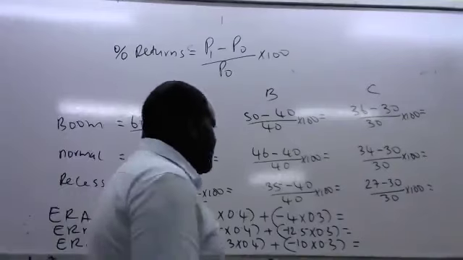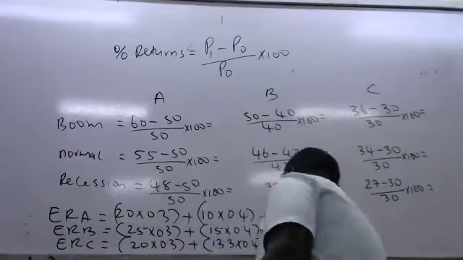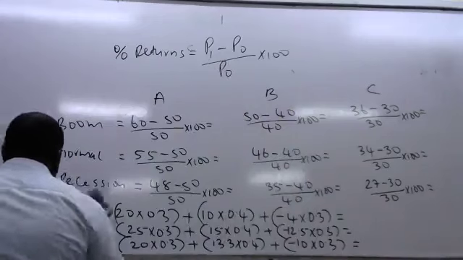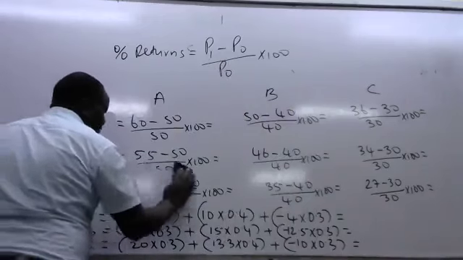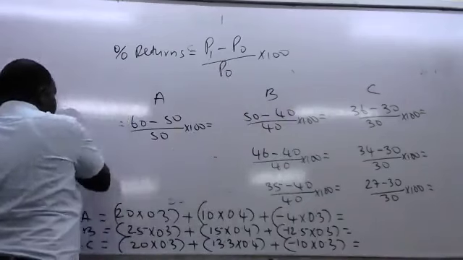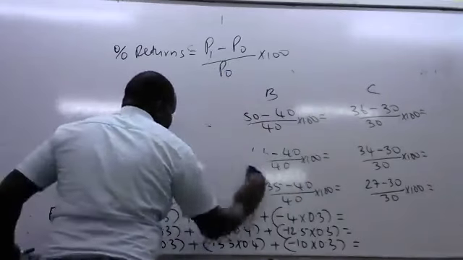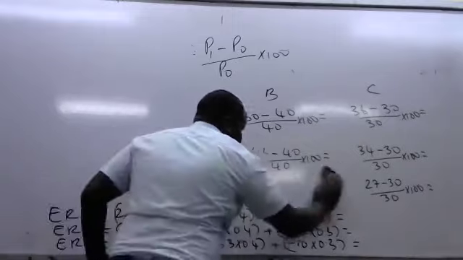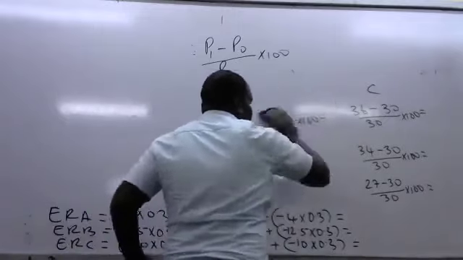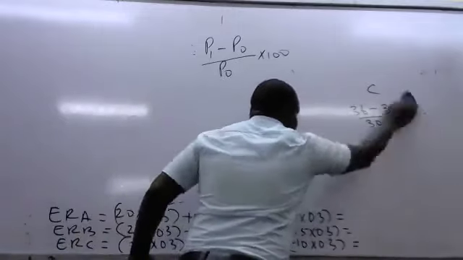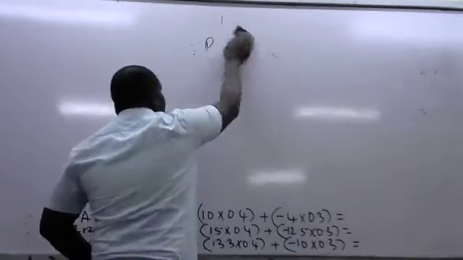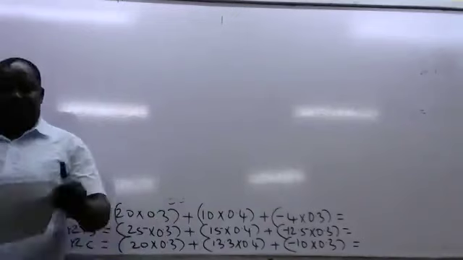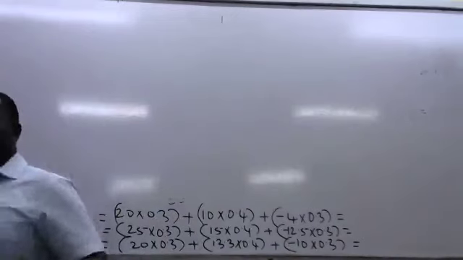So that should give you expected return for each one of them. So once we get the expected returns, because of Roman numeral one, the question had requested you to calculate the expected return for the portfolio.